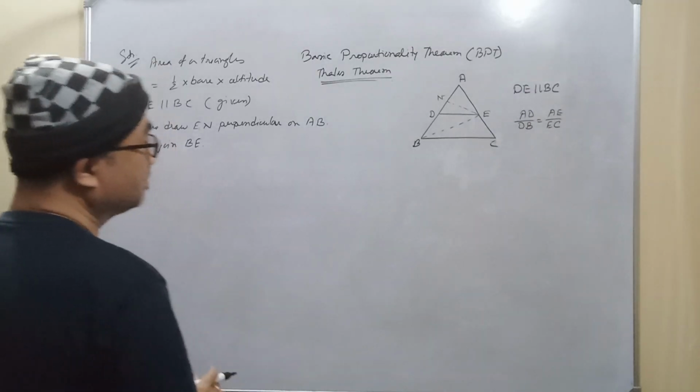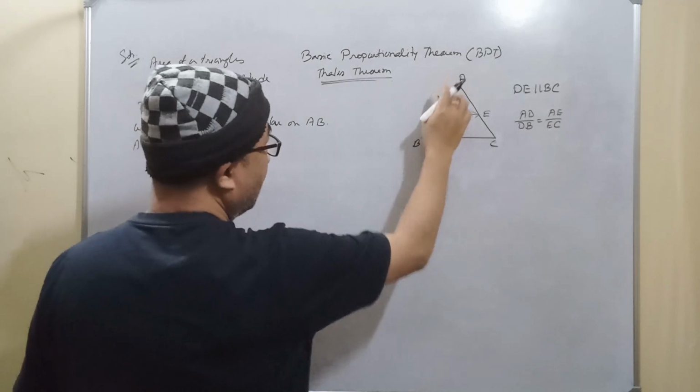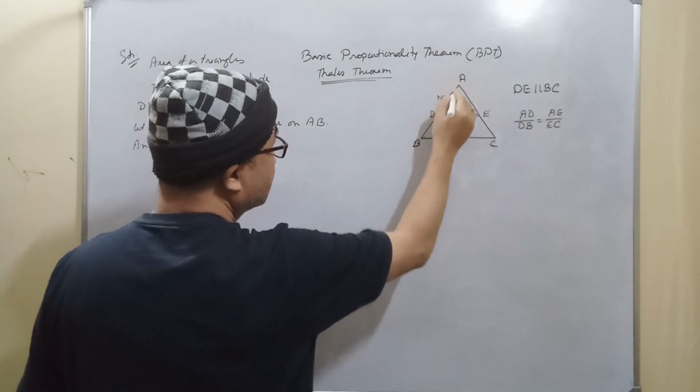Then we have this triangle. ADE is a triangle. This one.